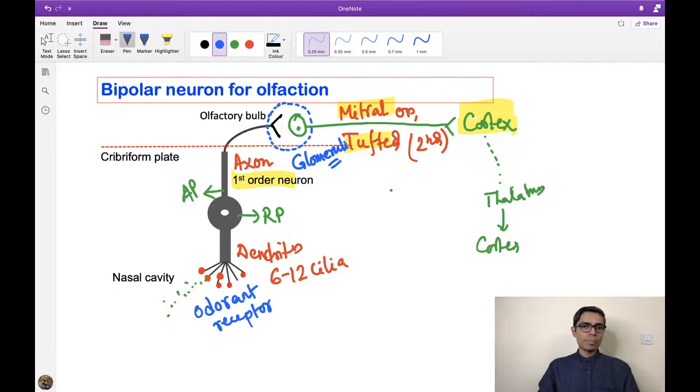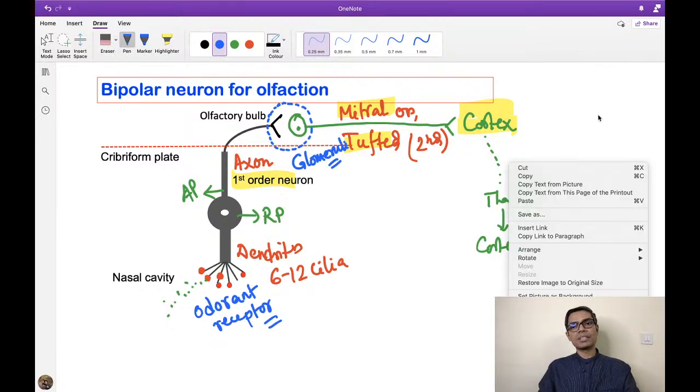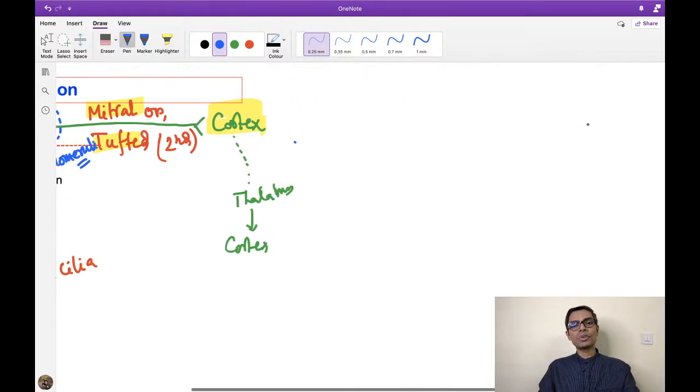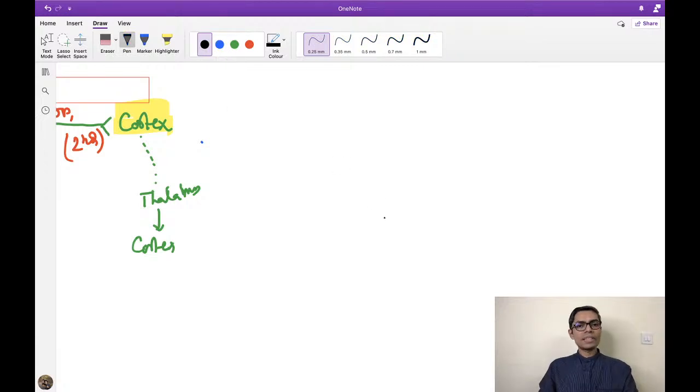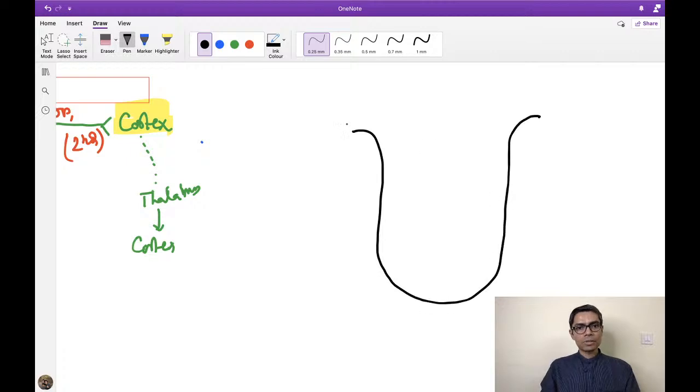Now, one of the most important things that is asked in Central Institute examination is how this odorant receptor is stimulated by chemical signal when it reaches the level of your nose. So what is happening at the level of this receptor, that we are going to discuss now, right? Okay. So to understand what is happening at the level of receptor, I am drawing one cilium, right?